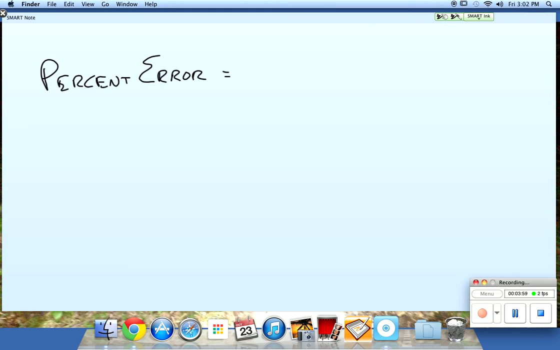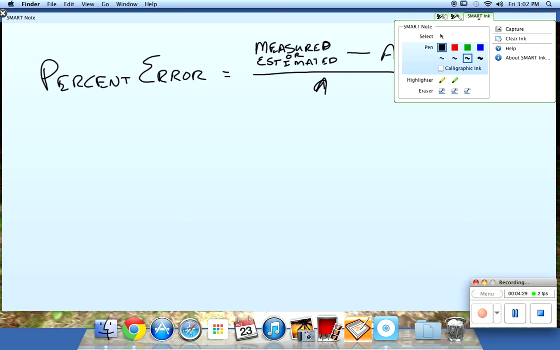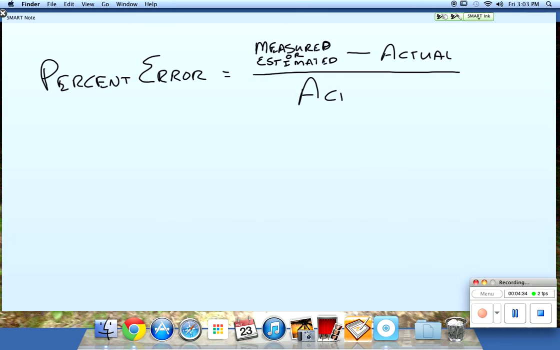It's our measured or estimated amount minus what the actual amount is, divided by your actual amount.